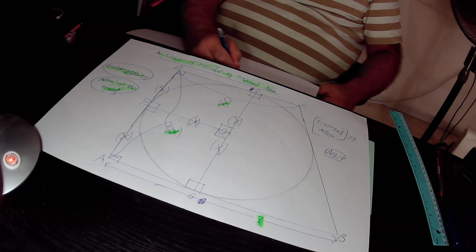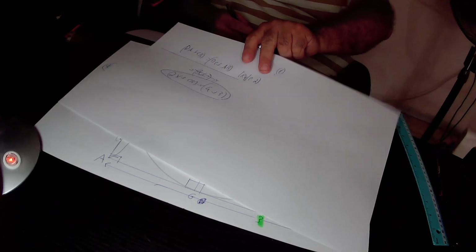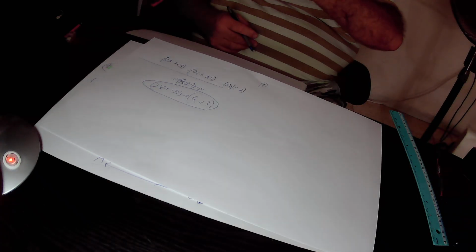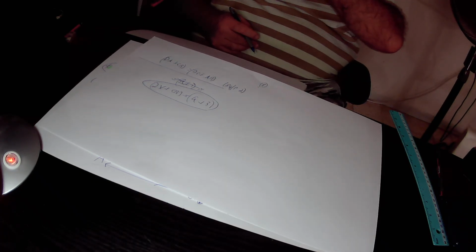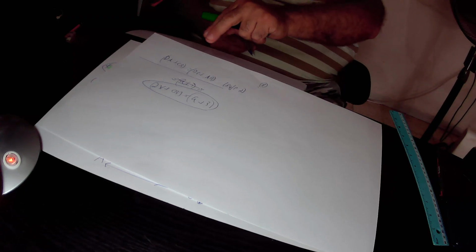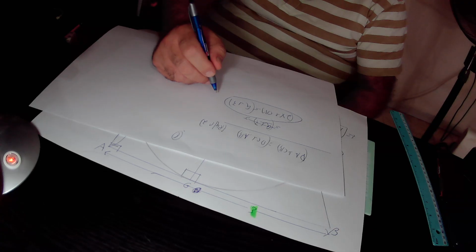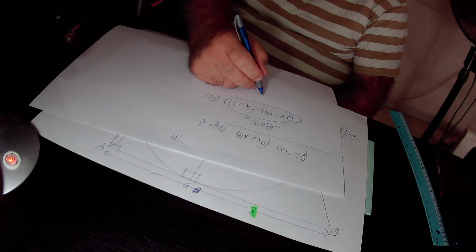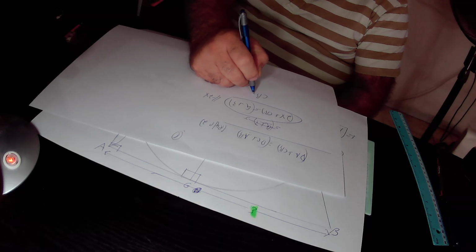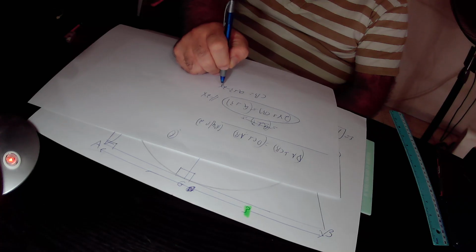So in total, we found out that 2x plus the missing side CB equals A plus 3. Here we subtract 2x from this equation, and we get that the missing side CB equals A plus 3 minus 2x units in length.